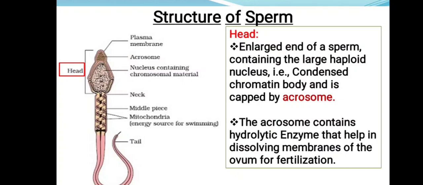In order to release its haploid nucleus into the cytoplasm of the egg, the sperm has to cross these membranes. The hydrolytic enzyme present in the acrosome helps in dissolving these membranes so that it can release its haploid nucleus into the cytoplasm of the egg. That is required for fertilization.